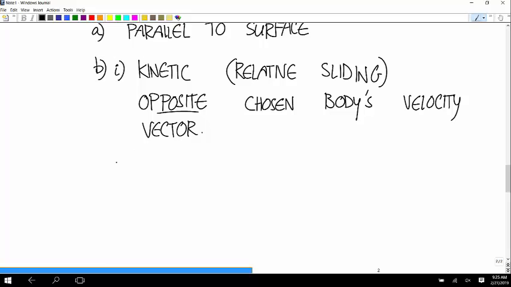And then part two is if you have static friction. This is when the objects are at rest relative to each other.